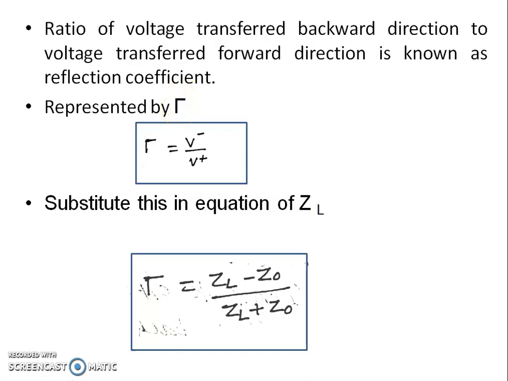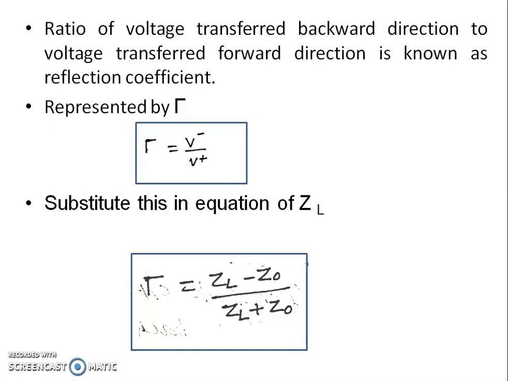Small letter gamma indicates the attenuation constant, and here capital letter gamma indicates the reflection coefficient. From this definition, gamma is equal to V minus divided by V plus. Substitute this in the equation of ZL.